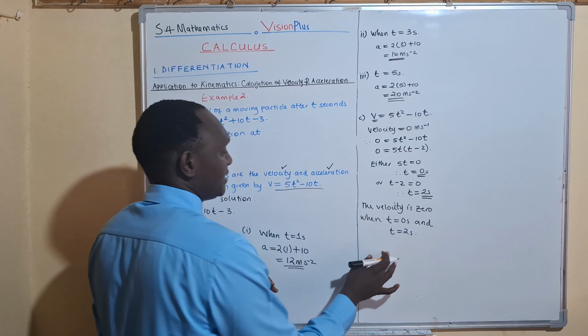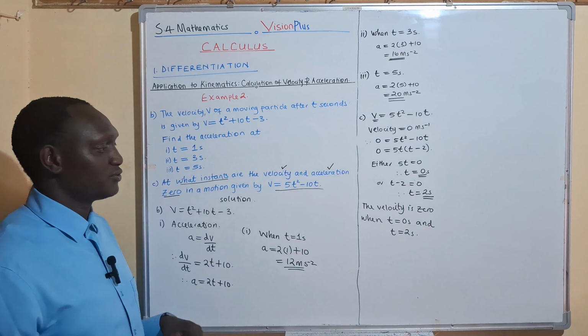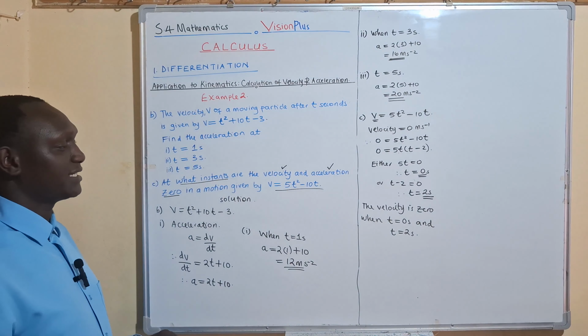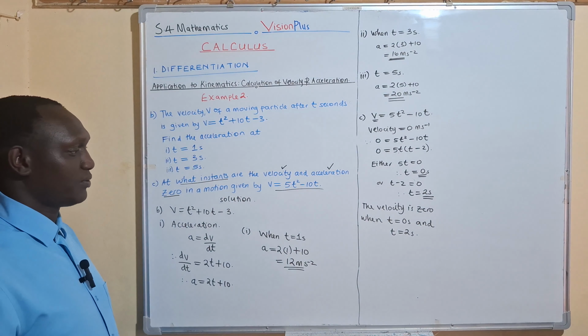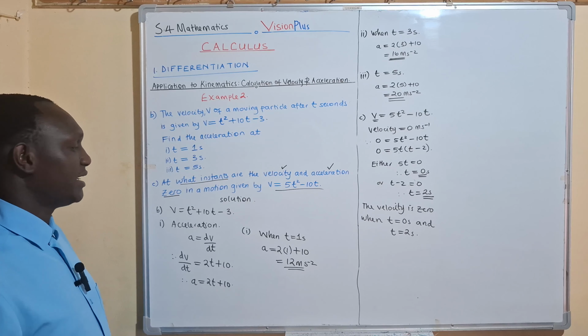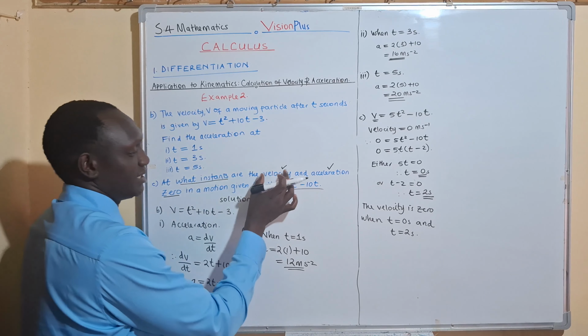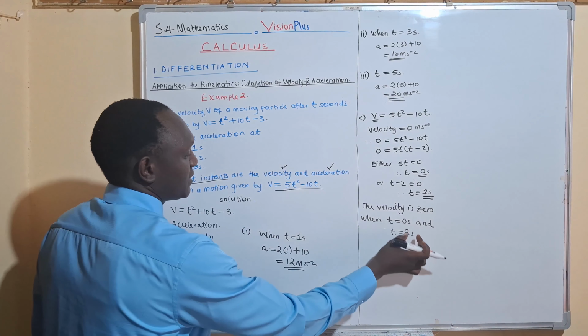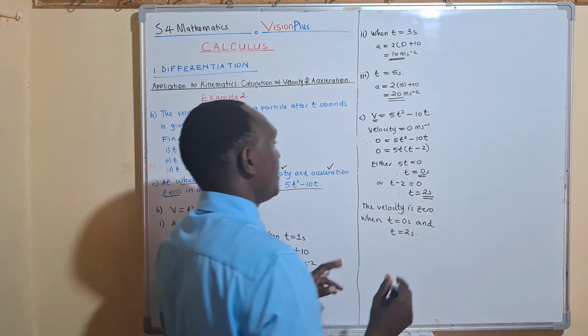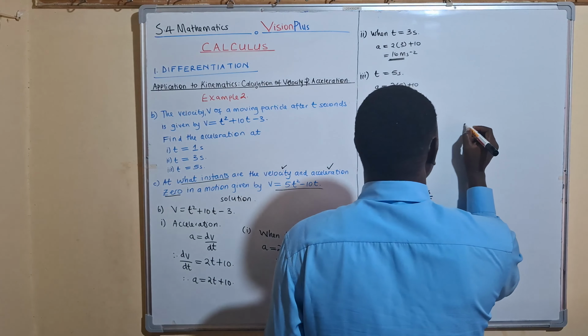These are the two instances for velocity to be 0. That is the one for velocity. So the instance when the velocity is 0 is when the time is 0 and when the time is 2. Now let's go to acceleration.